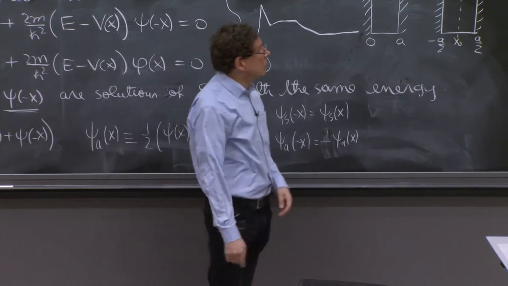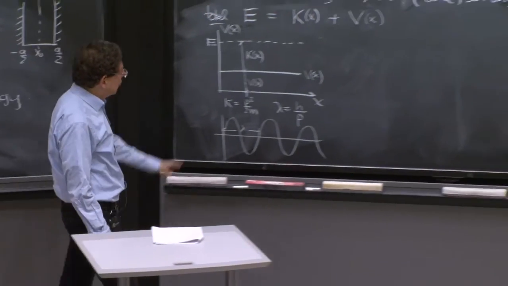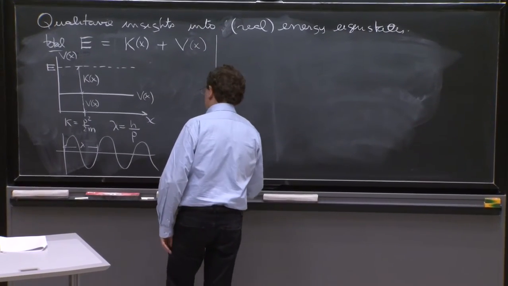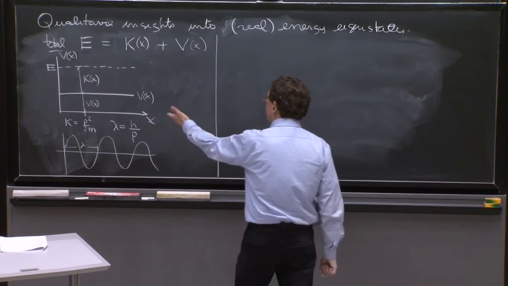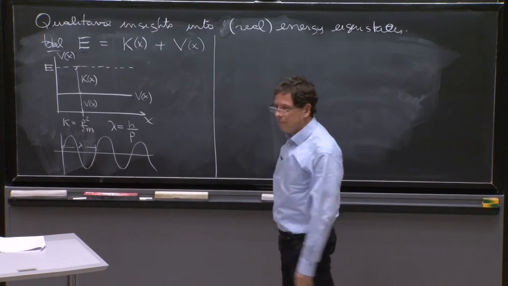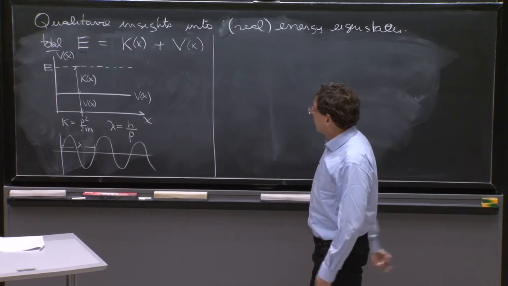And maybe it's a good idea that you try to convince yourself this is true by looking again at the Schrödinger equation for this simple case of a constant potential and an energy that is bigger. You will find this result very quickly.